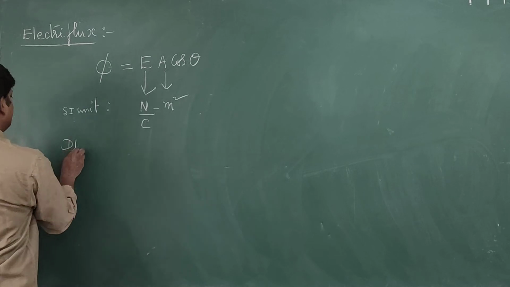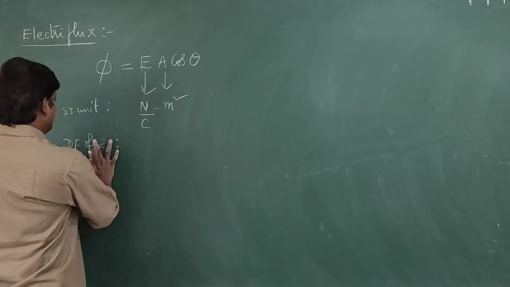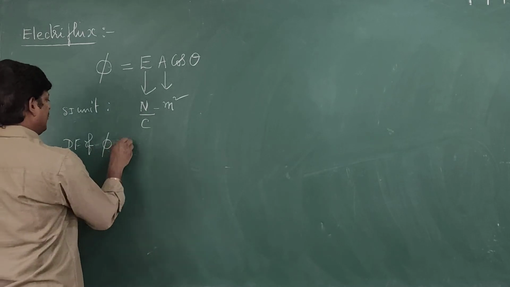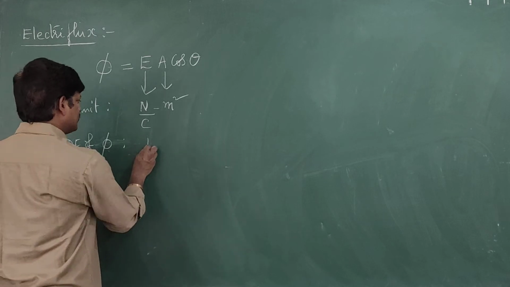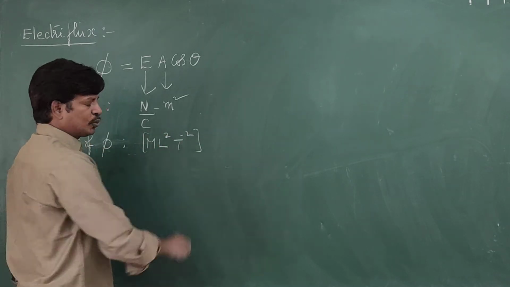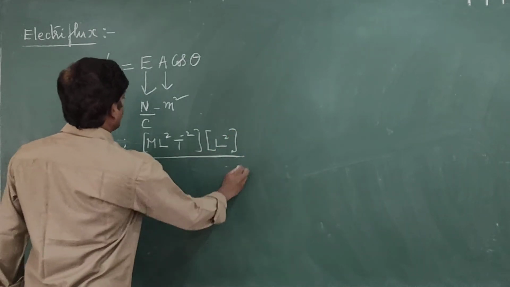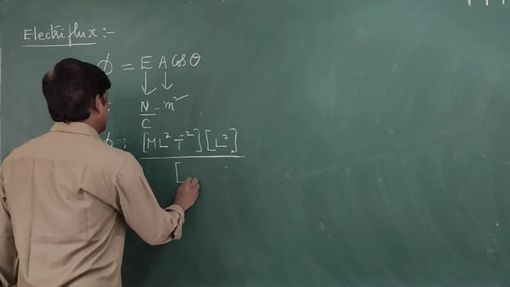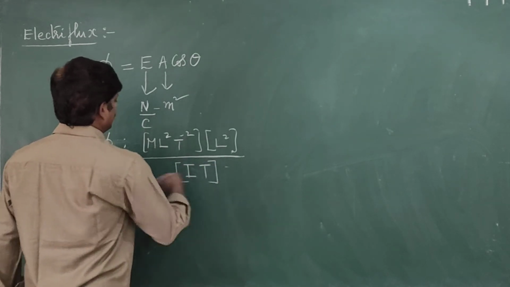And what is the dimensional formula of electric flux? Phi is equal to Newton, which represents force. Force dimensional formula is M L T power minus 2. Meter square is area, dimensional formula L square. Coulomb, dimensional formula IT or AT, where I is current.